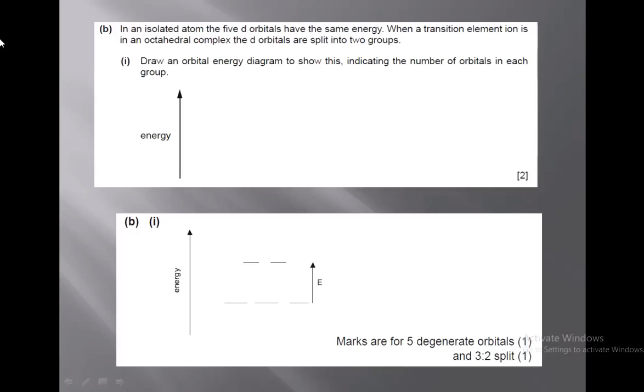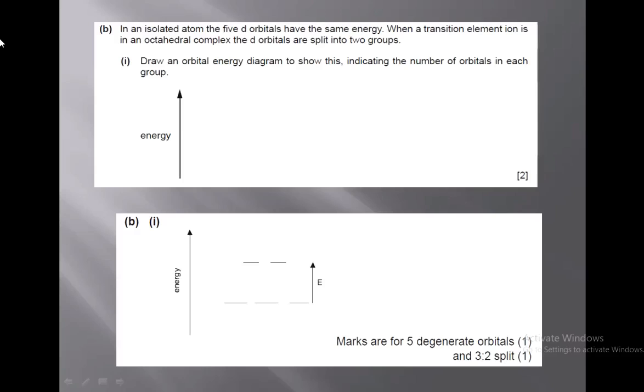Amongst those photons, some have energy equivalent to the splitting energy, which is shown by a smaller arrow on the right side. Those photons are absorbed, and the electrons in the t2g level are promoted to the higher eg level. This is the factor that gives the colour to the complex, because the absorbed photons are not present within the transmitted light, and you see the transmitted light and hence the colour of the complex.